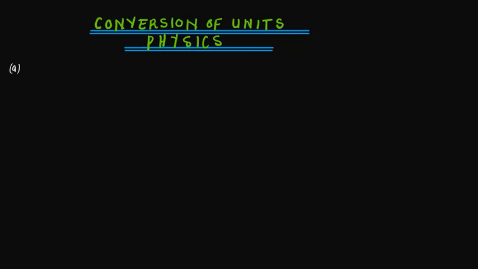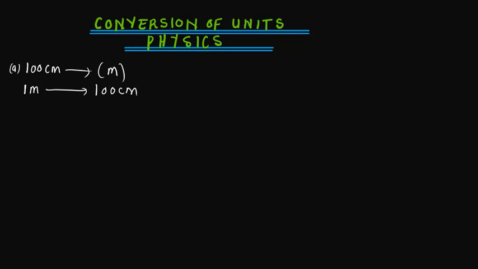Let's say, for example, you have been given 100 centimeters. Then they say we take it in meters. How do we do our calculations? Well, we know that 1 meter is equivalent to 100 centimeters.